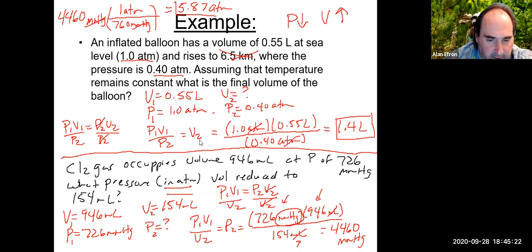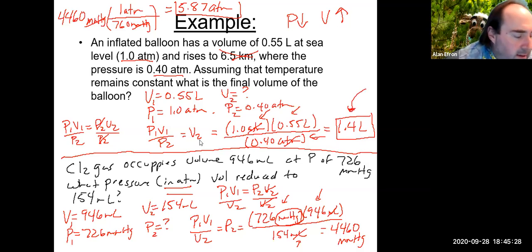By the way, up here was 2 sig figs on that number as well. Question on Boyle's law here? We again see the trend that we saw. Volume went down. Pressure went way up. It went to 4460 from 726 in that particular case.